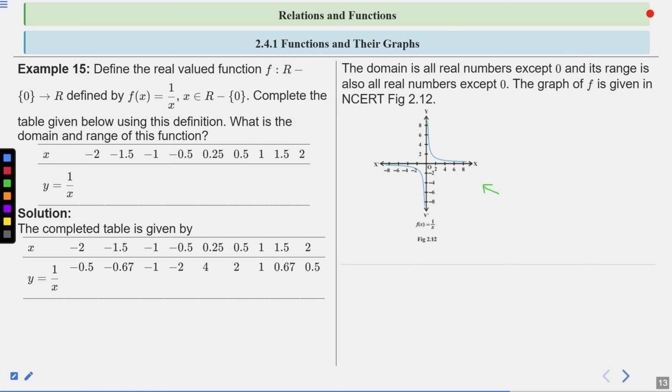Clear? So for 1, the output is 1, and you will see your point will be somewhere here. For 2, the output is going to be 0.5. As you can see, the point for 2 will be somewhere here, which might be 0.5. Clear?